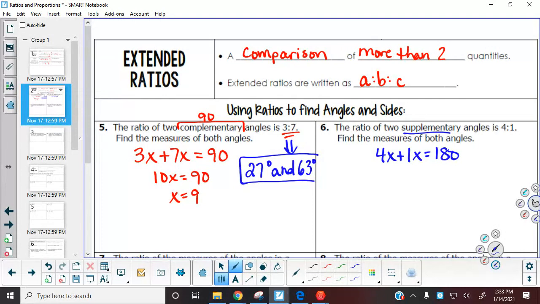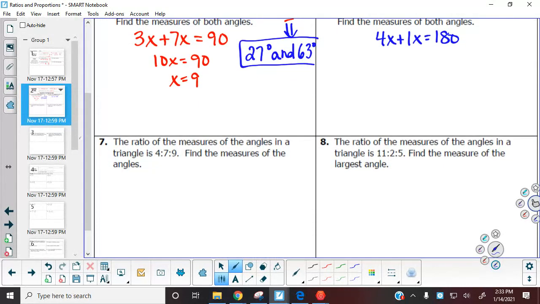All right. Scrolling down, the ratio of the measures of the angles in a triangle. Angles in a triangle, we know, add up to 180. Again, we're going to use these as our coefficients. So 4x + 7x + 9x = 180. All of those on the left-hand side simplify to give us 20x = 180. When we divide, we get x = 9.